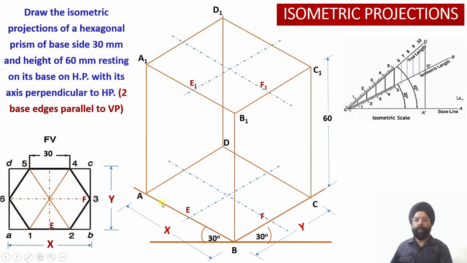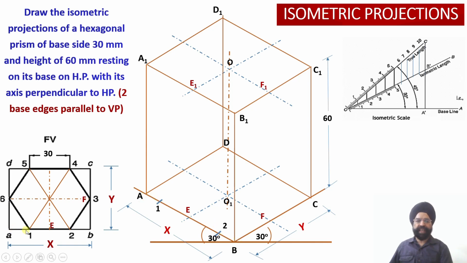prism. Now we have to mark all the 6 points of the hexagon at the base, and all the 6 points of the hexagon will be marked at the top face over there. Now step 1, we have marked the axis, and then these are the 2 points, that is A1 and B2.